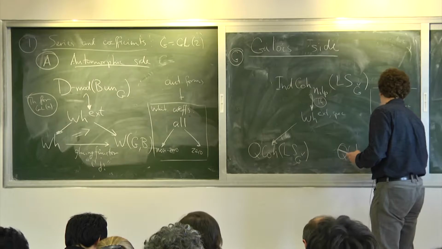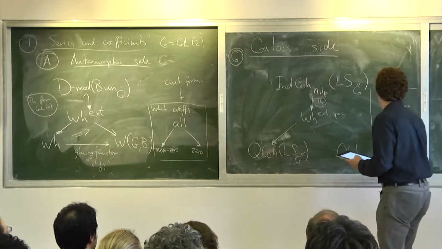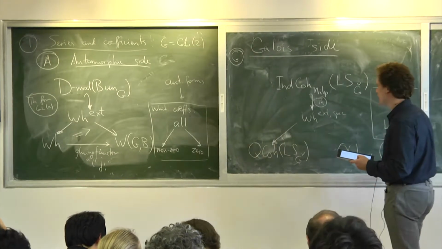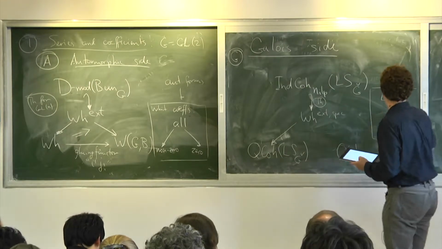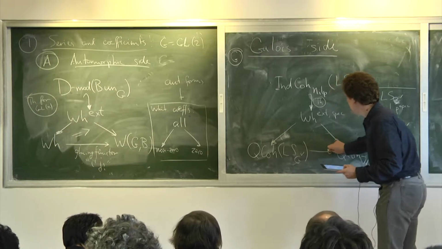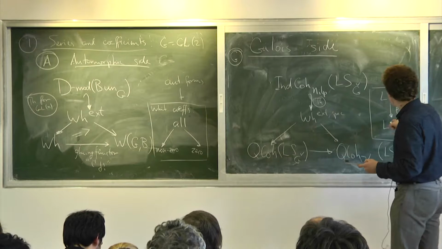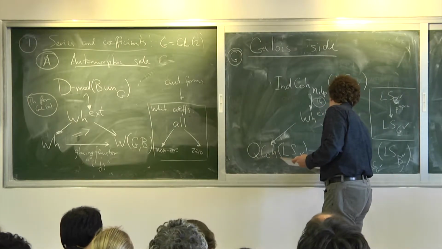So it's quasi-coherent sheaves upstairs that are somehow horizontal along the fibers of this map. So they carry a connection along the fibers. And in this case, the gluing functor is essentially just pullback under this morphism.